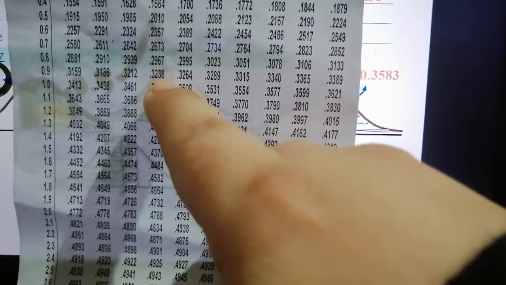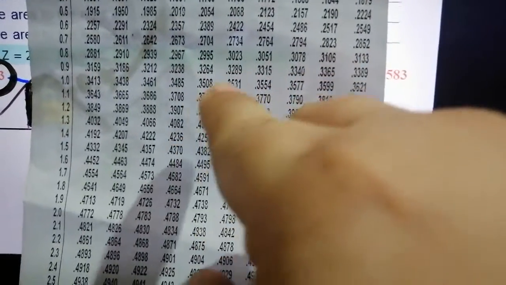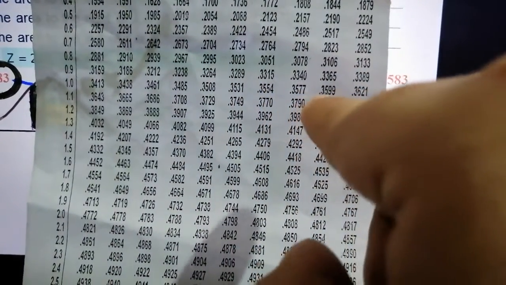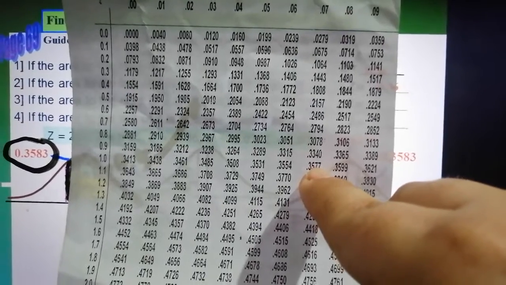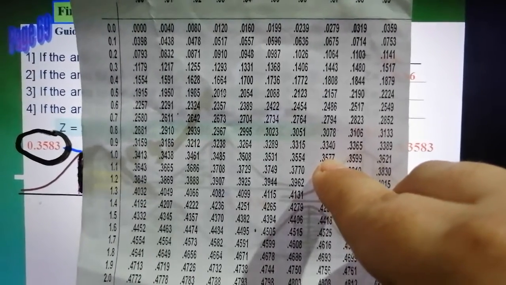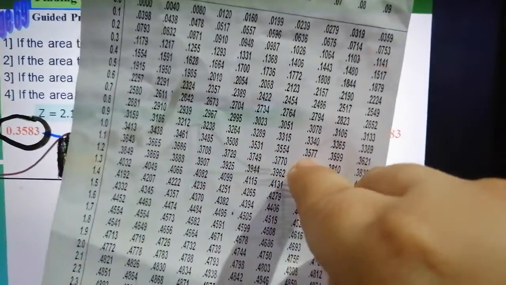You look at the body again, 0.3583, 0.3. So you look for 0.3 right away. 3583. So which is the closest? 0.3577.